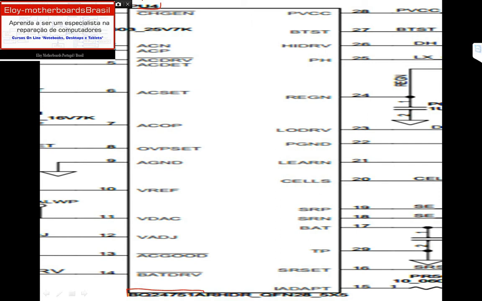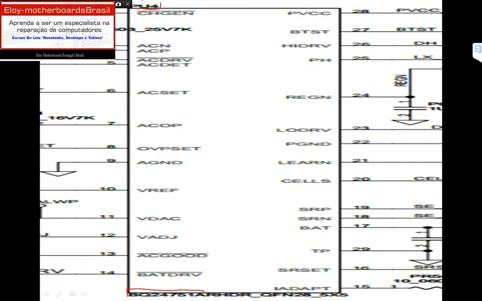The voltage of this DC jack will be detected by pin 5 AC detect if it is superior, not bigger, superior, higher than 2.4 volts, right? 2.4 volts right here.